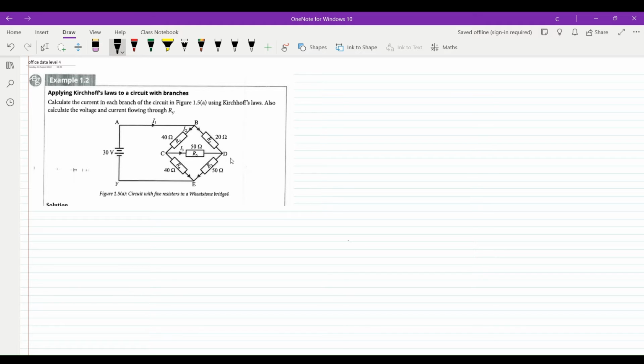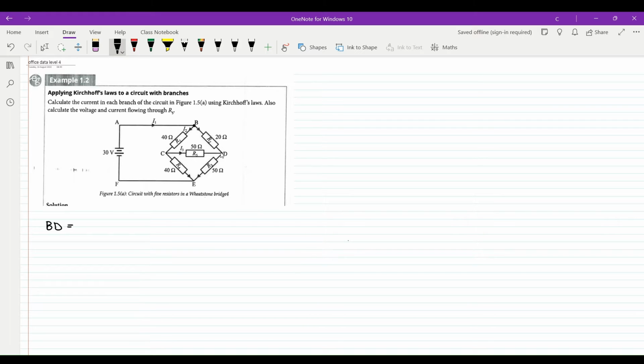So we may need to use Kirchhoff's current law. Let us look at junction BD first. Which current flows towards that junction? I1 flows towards that junction.